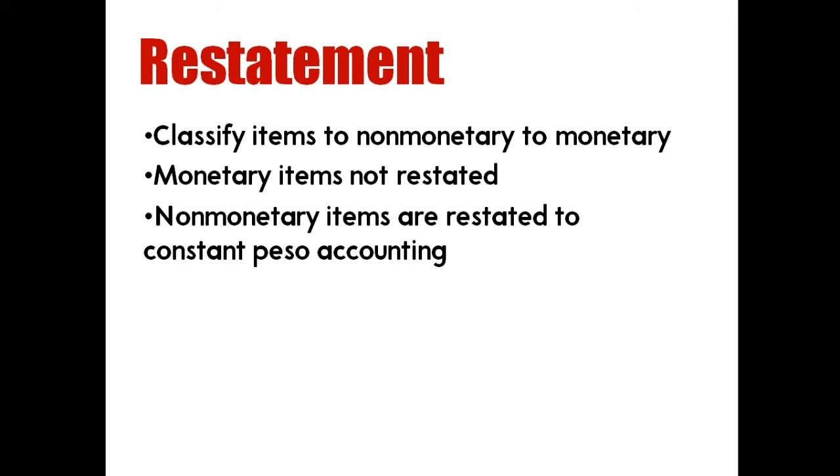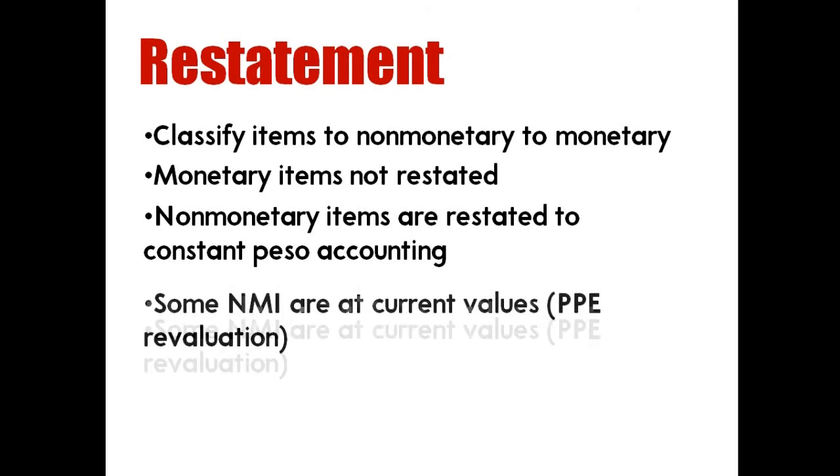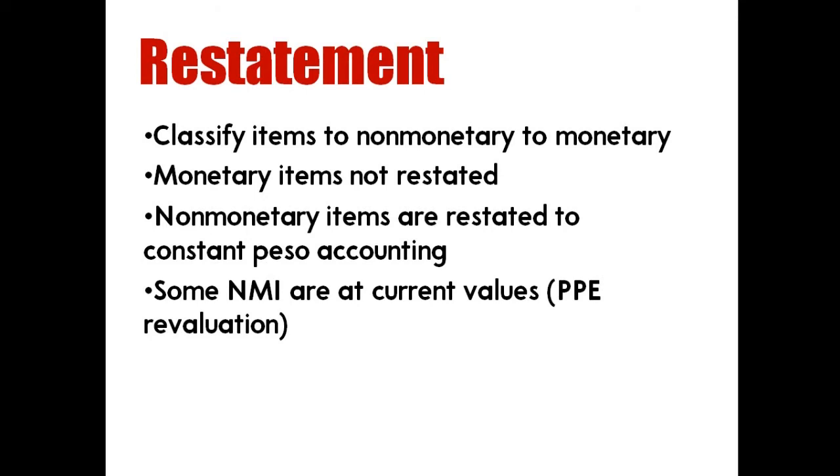That is, using the index number. Okay, that's the current index number divided by the prior index number multiplied by the historical amount of the non-monetary items. That's in your book, the formula. Okay, some non-monetary items are at current values. So, ito, you have to restate them at current values like property, plant, and equipment revaluation.